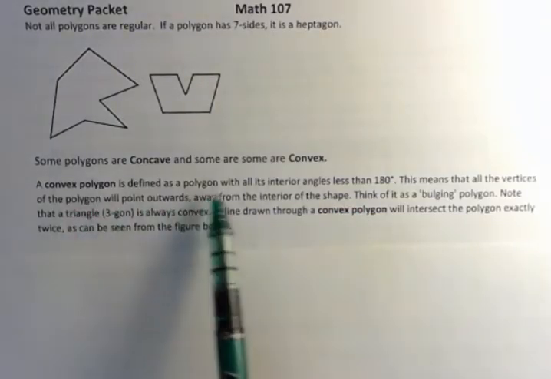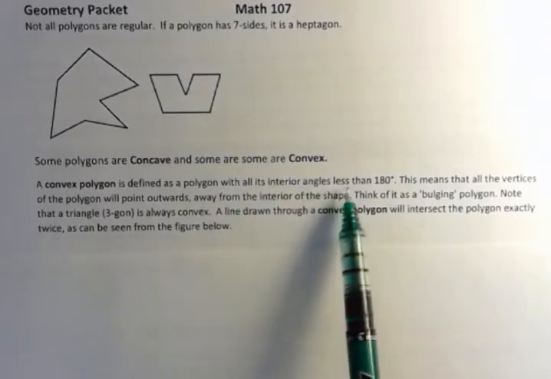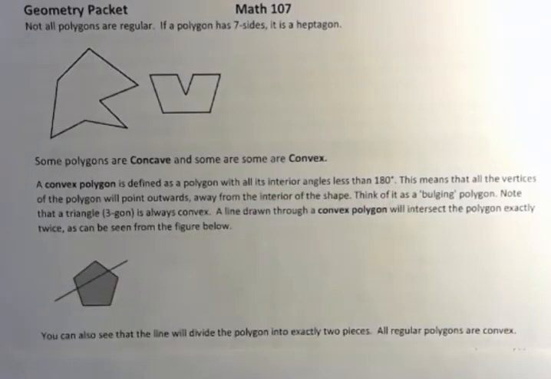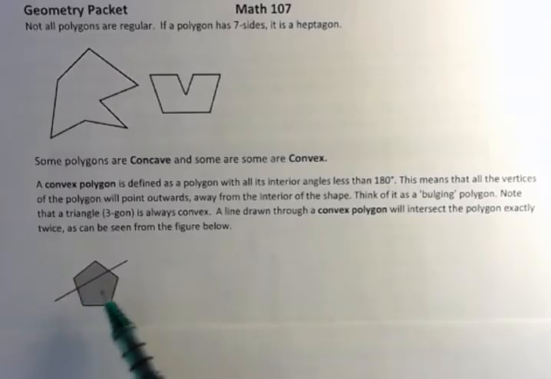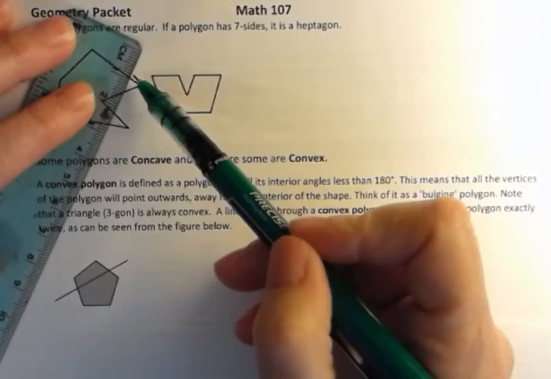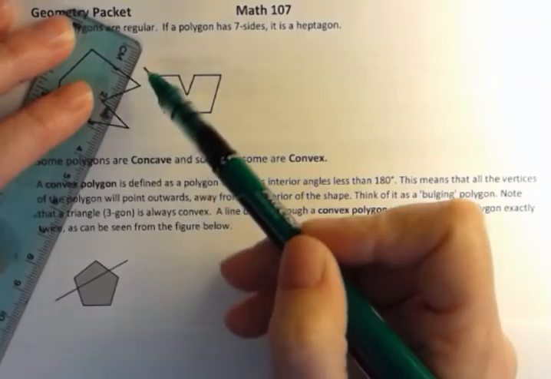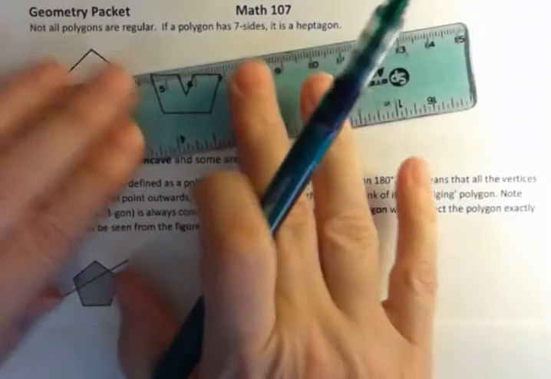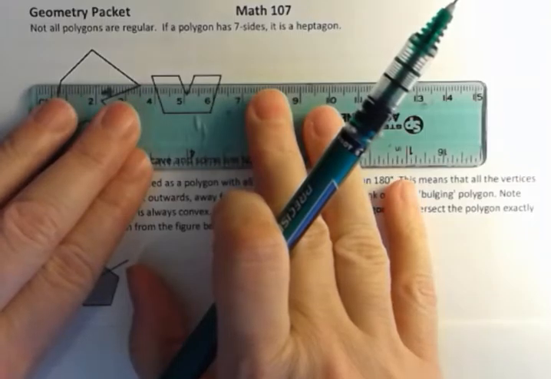But a convex has all interior angles less than 180. And the other thing about a convex is if you draw a line through a convex polygon, it only touches it twice. Think if I was to draw a line through this one up here, right here, I'd touch it 1, 2, 3, 4 times, right? Or if I drew a line through here, again, I could touch that several times.